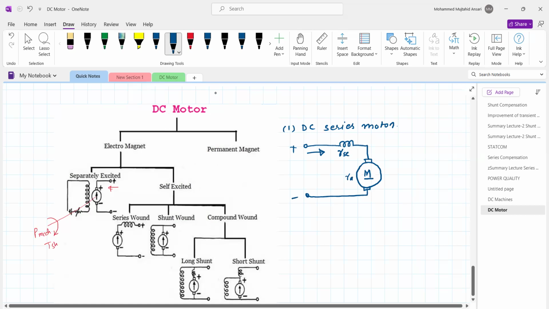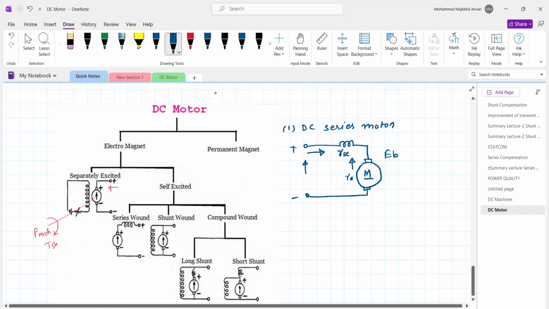Now, in the case of the motor, as the conductor rotates under the influence of magnetic flux, it also induces EMF. But the induced EMF is opposite to the supply voltage. Say this is positive, negative, the supply voltage. So the induced EMF is called the back EMF, since its direction is opposite.